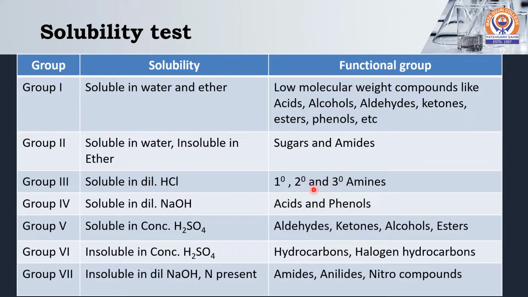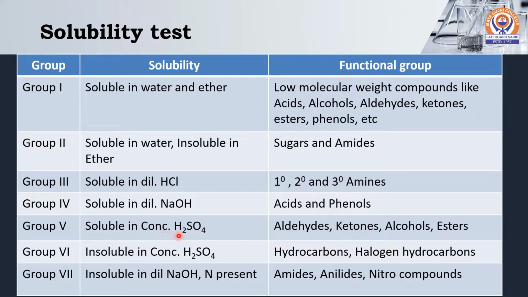If it is insoluble in dilute HCl also, then we will try to solubilize it in dilute sodium hydroxide. This group includes acidic functional groups, that is acids and phenols. If the compound is insoluble in dilute sodium hydroxide, then we will move to the next group, group 5.